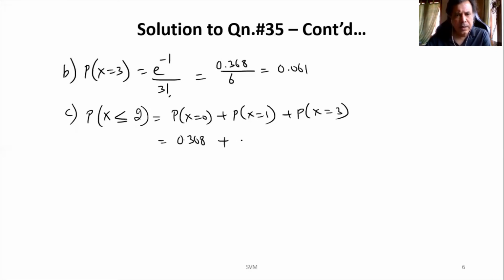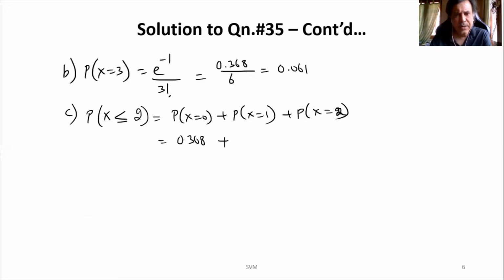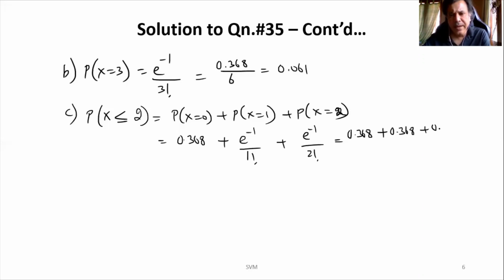If it is x, it is e power minus 1 by x factorial. So here it is e power minus 1 by 1 factorial, and this is e power minus 1 by 2 factorial. That can be written as 0.368 plus 0.368 plus 0.368 divided by 2. If we evaluate that, we will get the final answer as 0.92.